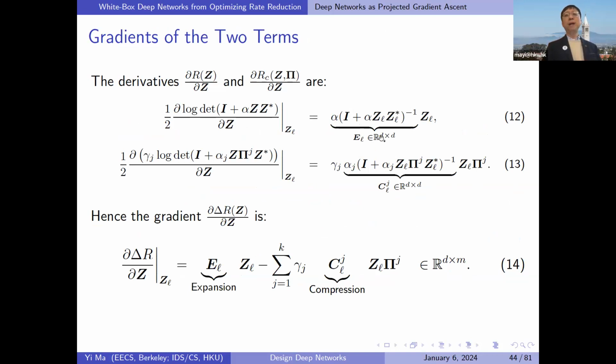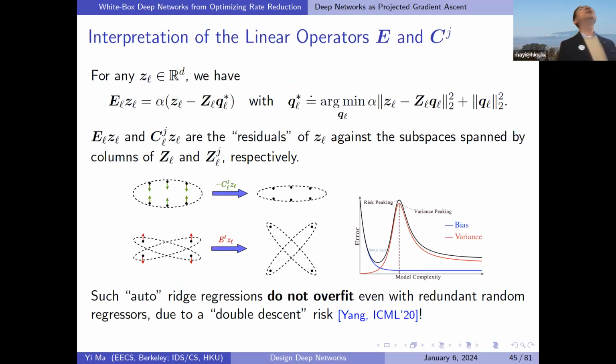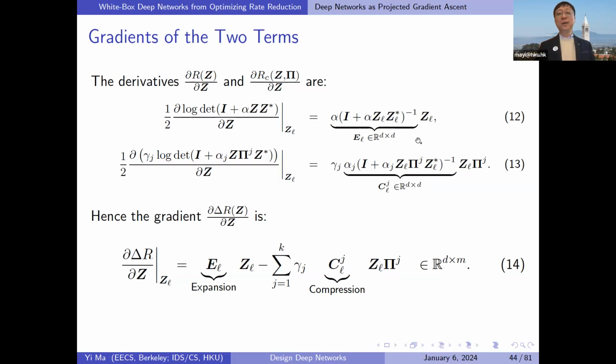So if you sort them out, representing this matrix with some E or this as a C, you actually see the gradient has this form. This is associated with the expansion term, right? This is associated with each class trying to compress, right? The day we derived this, that night I realized, if you have a background in statistics, you recognize exactly what this operator is.